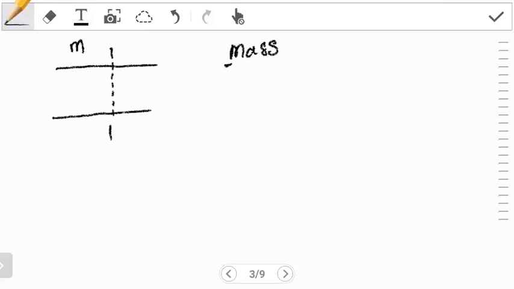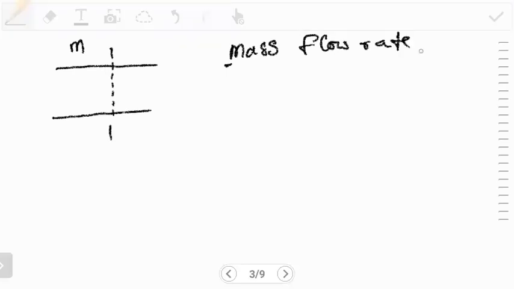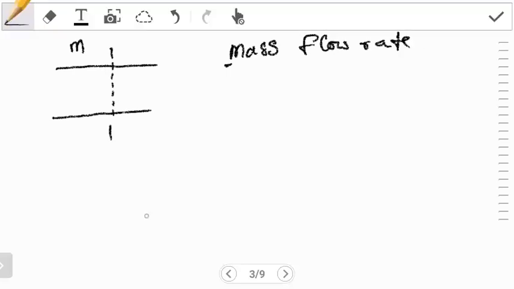Since it's how much in terms of mass passes the point 1 in a given time, for the mass flow rate we can use capital J. So what we're going to have is the amount of mass that passes divided by how long it took to pass through that point. So what we get here is the mass flow rate.